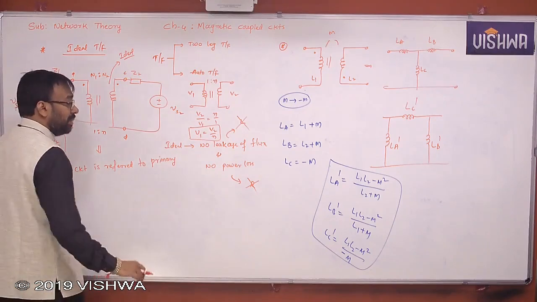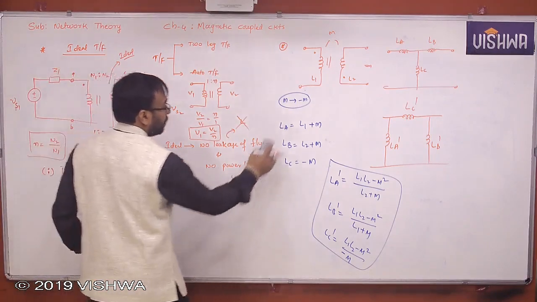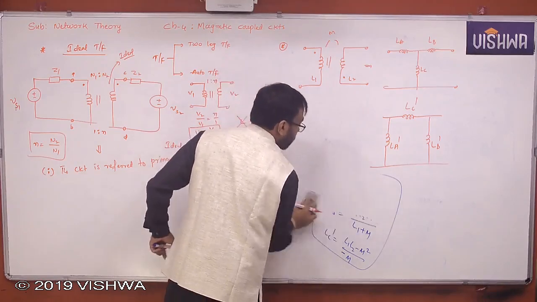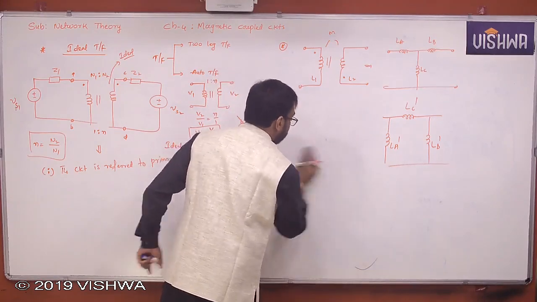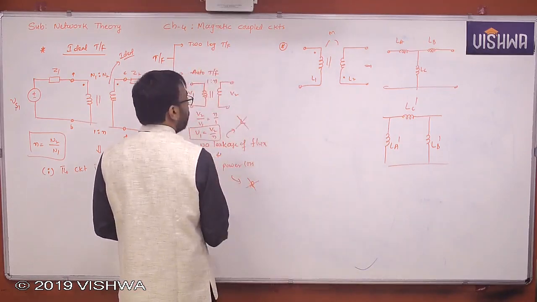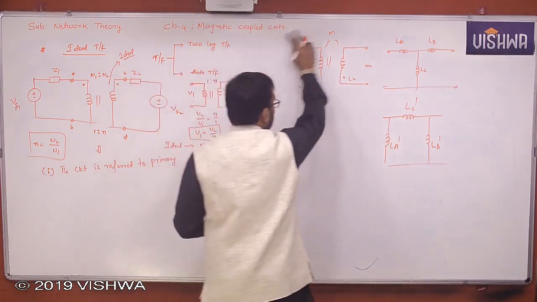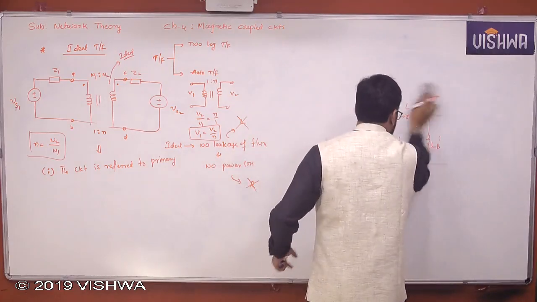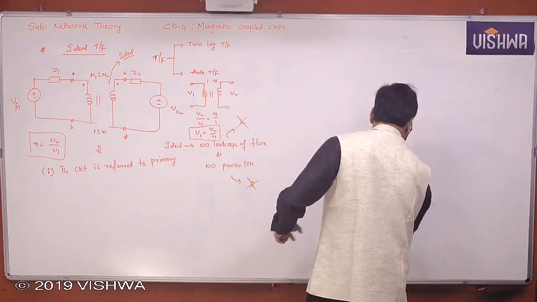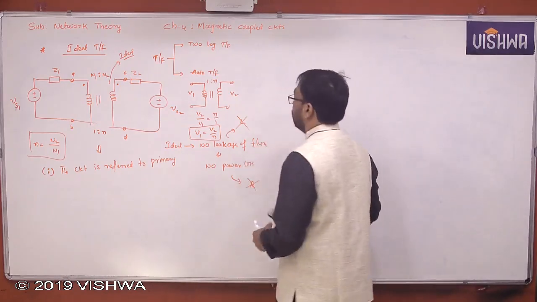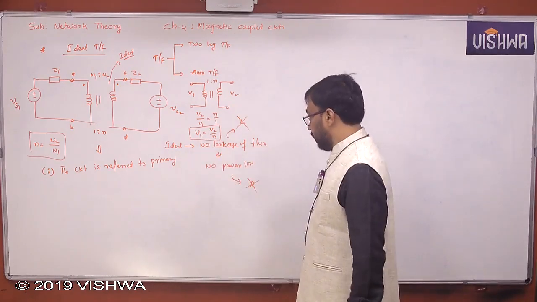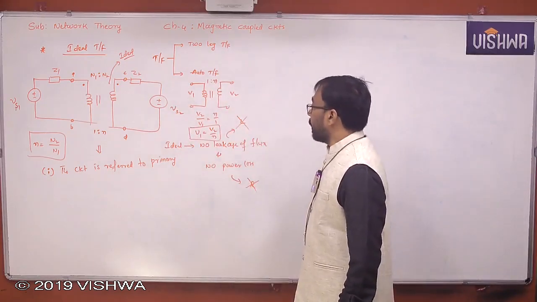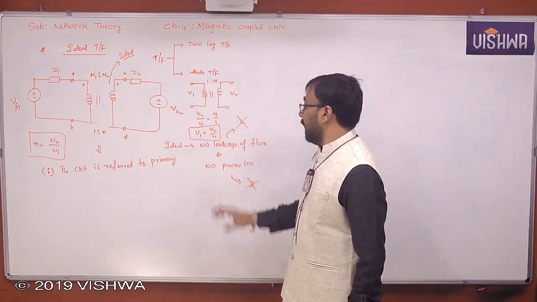Similarly, when you have an impedance on the secondary side, there is no confusion here. Listen to me carefully. V1 is V2 by n. That means when I refer to the primary, I get V2 by n.